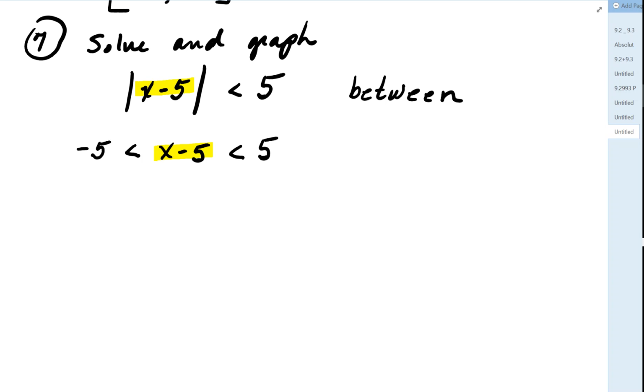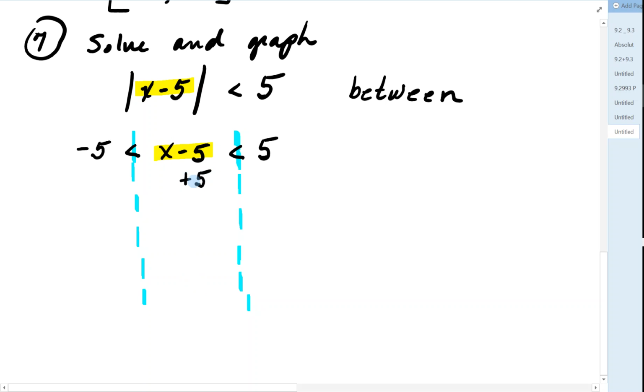Now, as far as solving this, I need you to look at it as 3 parts. And you want x to be the value in the middle. To make x be the only value in the middle, you would need to add 5.